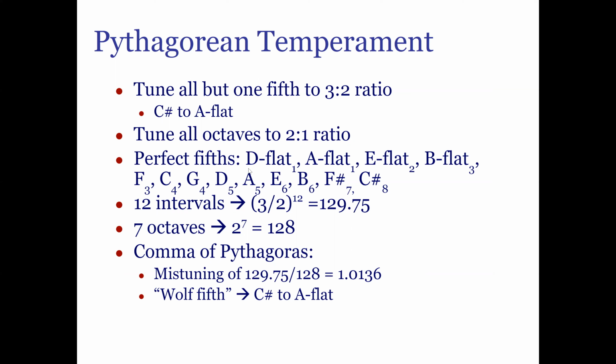So if we did tune all fifths perfectly, D flat all the way up to C sharp, like on that scale, we would get this 129.75 number. Whereas octaves going from D flat up to D flat would give us 128.